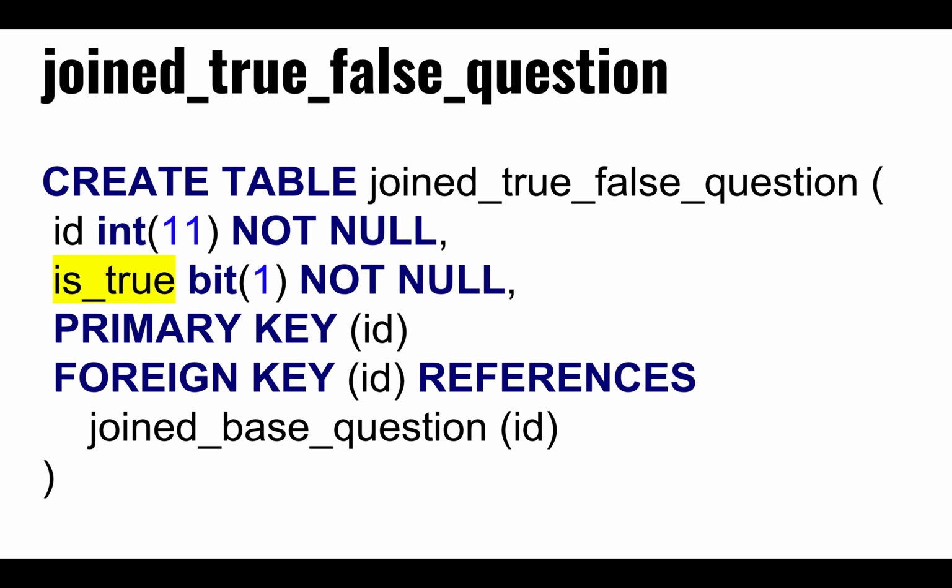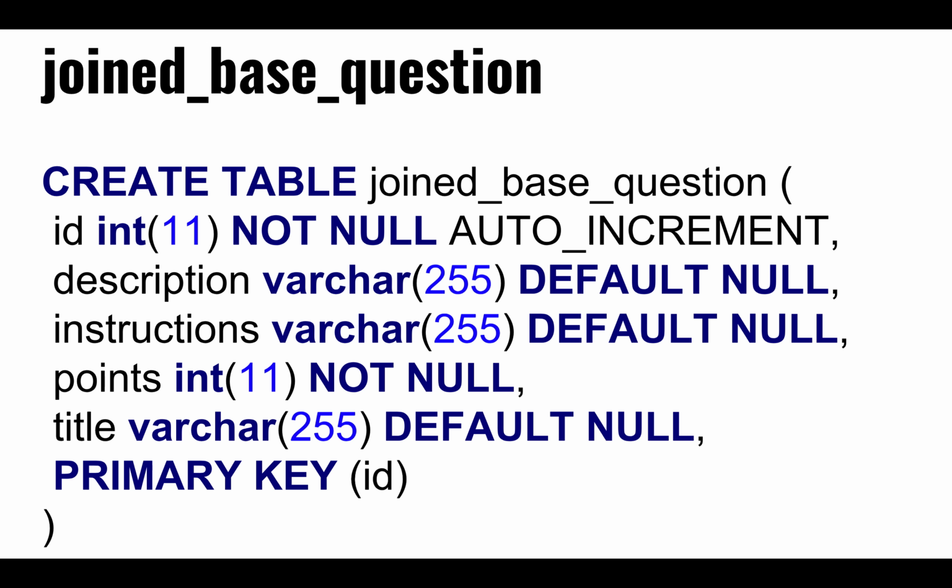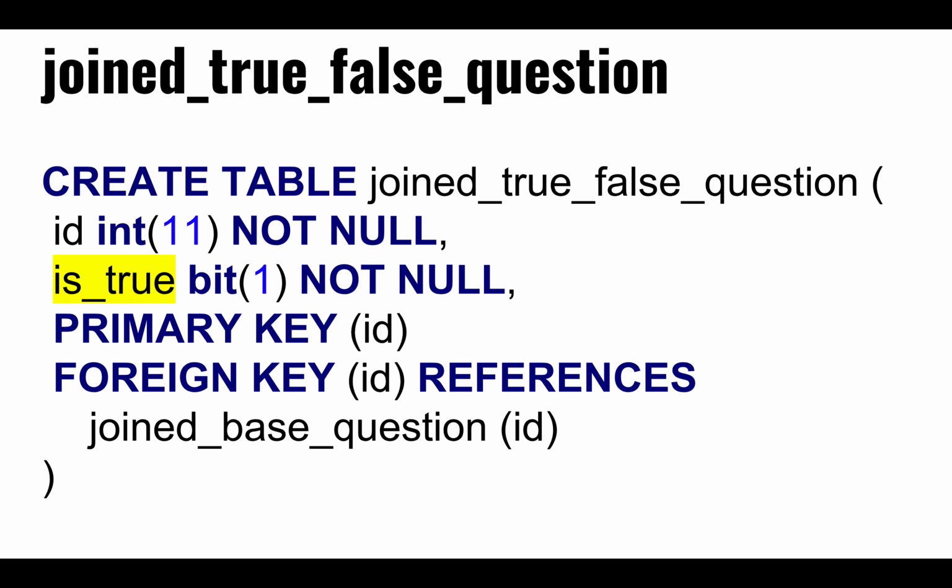That this record can only exist alongside the other record that is in the other table. That half of the attributes are going to live in this table, and the other half of the attributes are going to live in this other table. But they're meant to be one and the same. So we enforce that by making sure that the primary key of this record is also a foreign key to the base table.